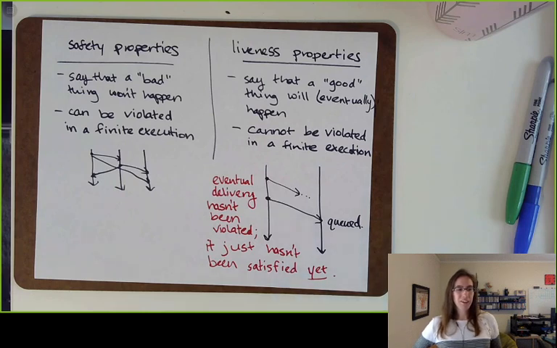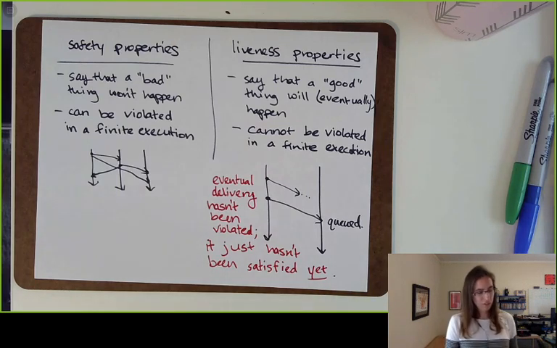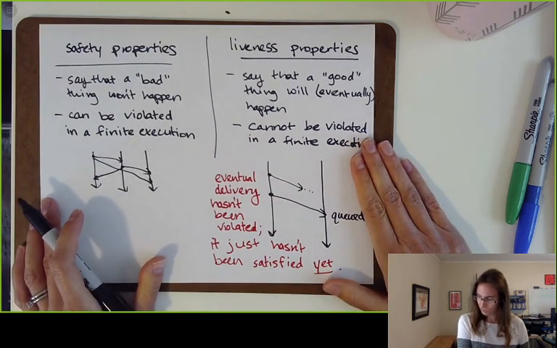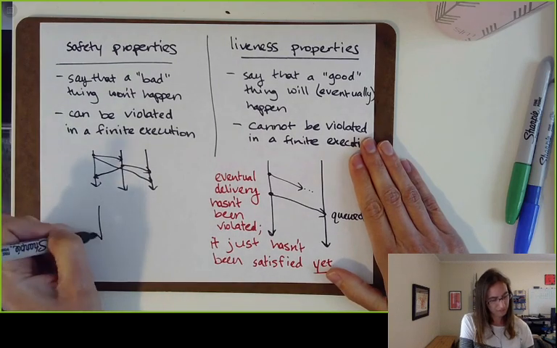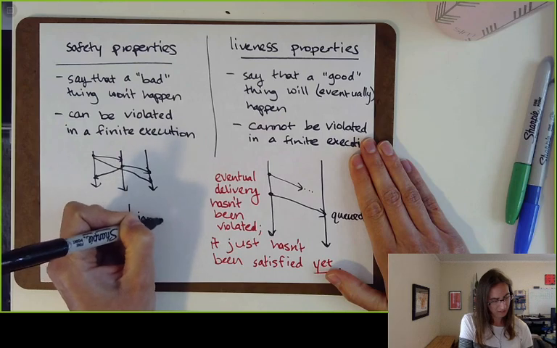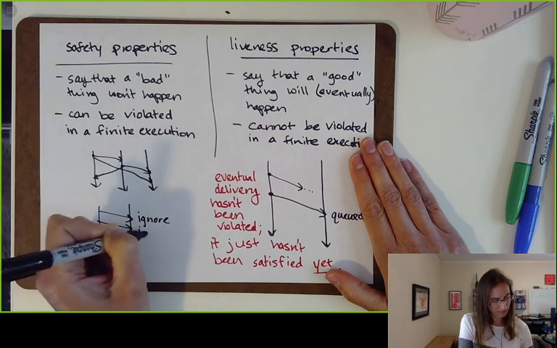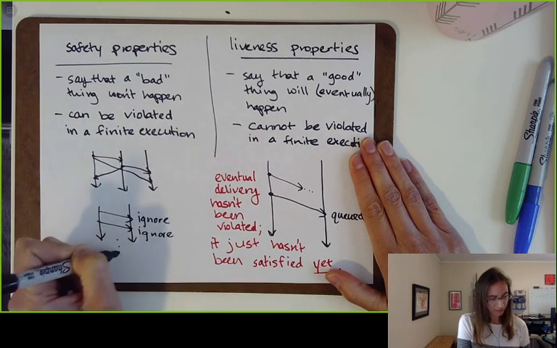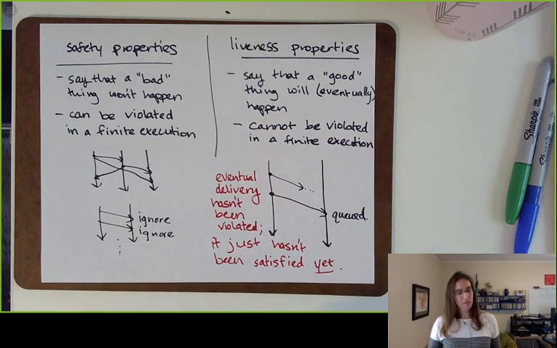What grade do I get? I deserve an A. But liveness is something that we care about for having systems that actually work. If you build a system that just drops or ignores every message and doesn't deliver any, that satisfies FIFO delivery.